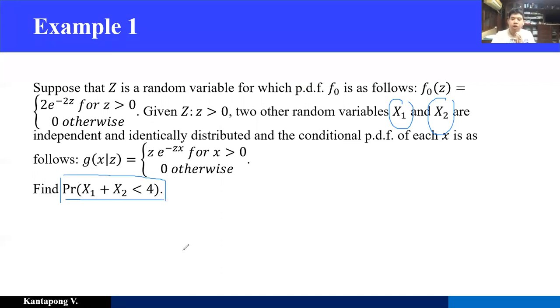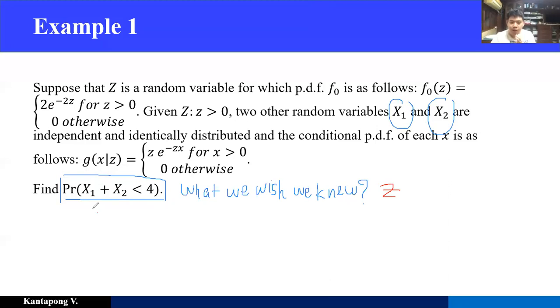So the first question, when we see a question like this, is what we wish we knew. We wish we knew what? We wish we knew the variable C, right? Because if we know C, it is treated as if it was a constant. So the answer is the random variable called C. That is, we have to use the law of total probability.